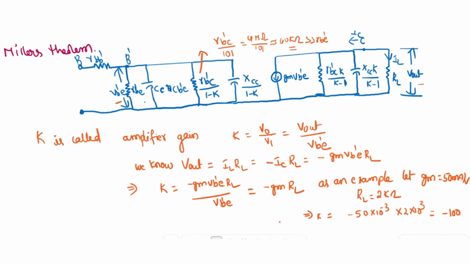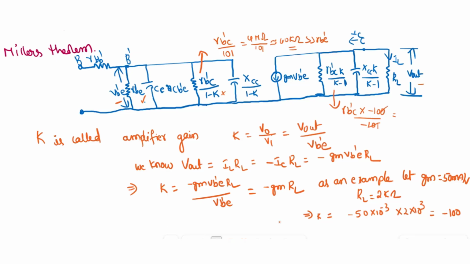So in the input circuit, Rb'e and Rb'c by 1 minus K are in parallel. Rb'c by 1 minus K is far greater than Rb'e, so the parallel combination of these two gives only Rb'e. So you can open this Rb'c by 1 minus K. Another point: consider Rb'c into K by K minus 1, that is minus 100 by minus 101.